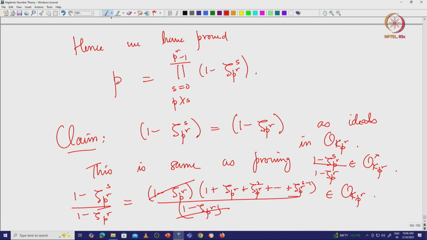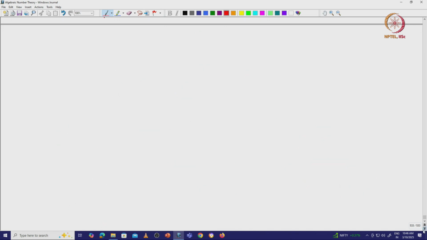I do not care what the ring of integers is, this linear combination certainly is an algebraic integer, because zeta_{p^r} is an algebraic integer. So, this was easy. This is inside the ring of integers.